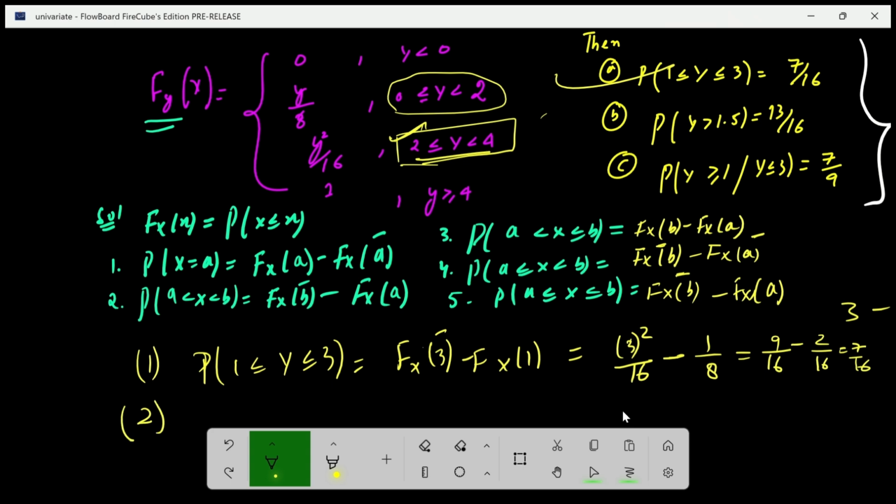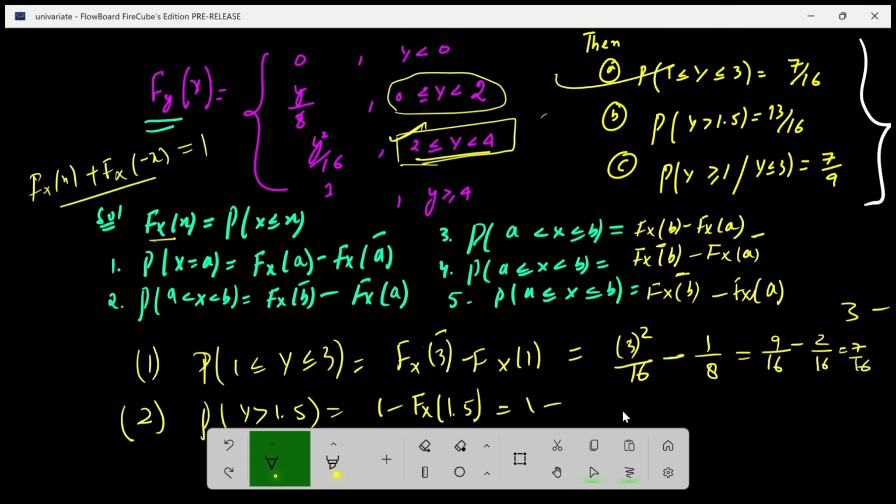Now part number 2: probability Y is greater than 1.5. So see, what did I write here? Probability X less than or equal to x is equal to this, so this equals 1 minus F(1.5), because you know F(x) plus F(minus x) is equal to 1. Clear. So this is equal to 1 minus F(1.5). Where will that come from? That is 3/2, which is greater than 1, so it comes from here. So 1 minus, here what will come? Instead of y, 1.5 upon 8. So this will be equal to 1 minus 15 upon 80, that is 65 upon 80, that is 5 ones are 5, 5 threes are 15, and 5 16s are 80, so 13 upon 16.